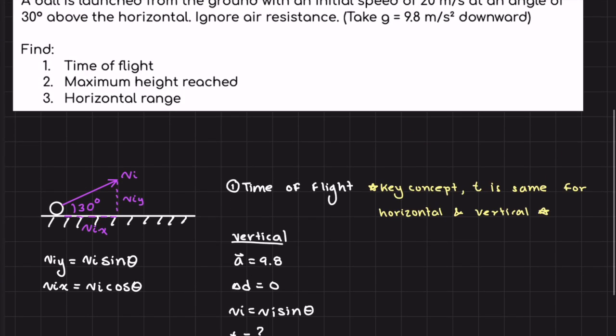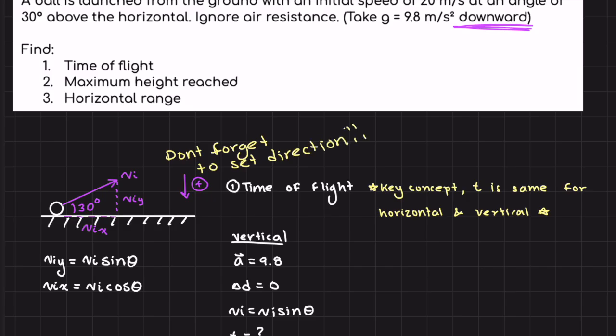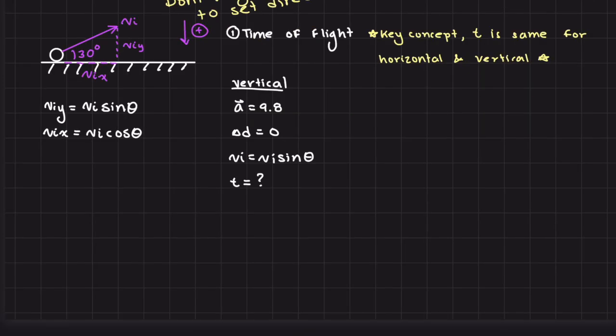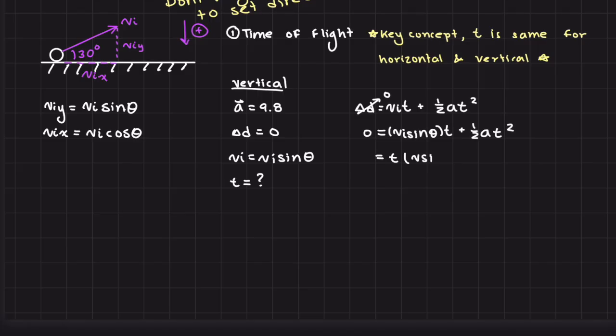Now, a key thing to look at is that we're taking downward as positive, and it's really important to set your direction straight at the beginning of your problem. Now let's grab one of the 5 key kinematic equations where it uses all of the variables that we already have. We have our displacement is 0, we have our initial velocity, and we already know our acceleration. So you can factor out a t from this equation, and you're going to get 2 answers for t.